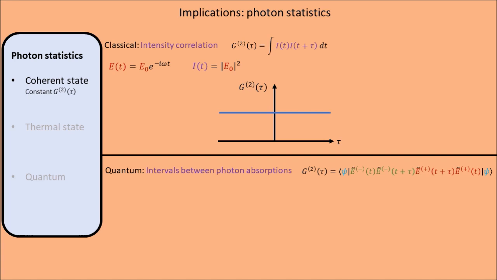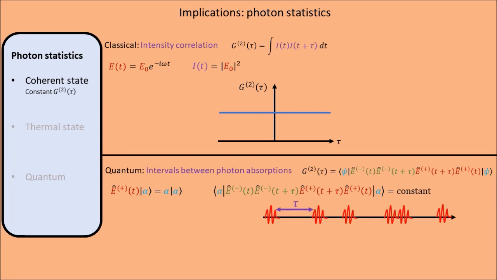Quantum mechanically, coherent light would be described by a coherent state, which is an eigenvector of the annihilation operator. So just like in the classical case, the value of G2 of tau is independent of tau. Recall that quantum mechanically, tau represents the interval between two photon detections. So we find that every interval tau between photons is equally likely to occur.